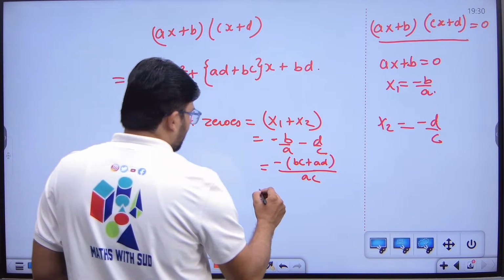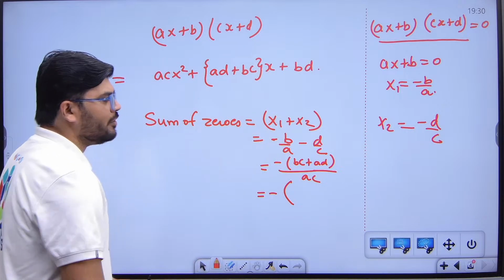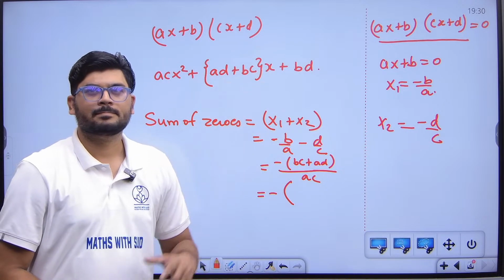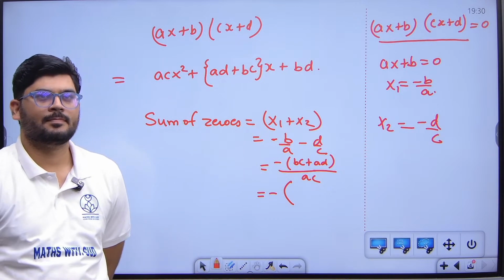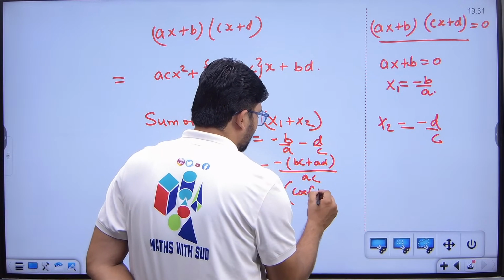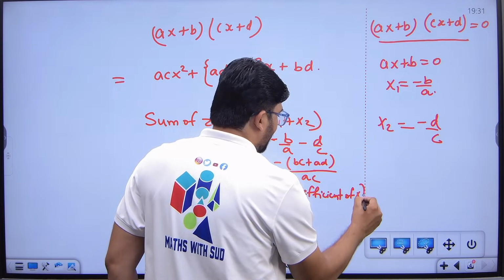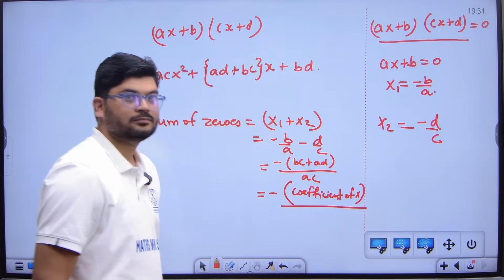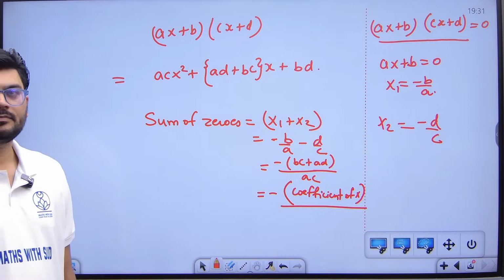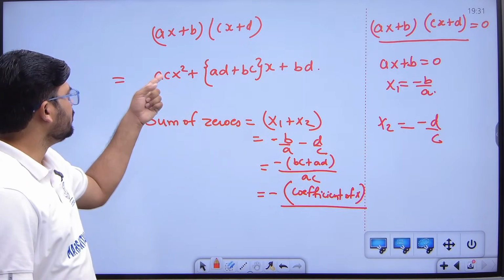Now tell me, is it the same thing which is inside the coefficient of x? Yes. Can I write this as minus coefficient of x divided by the coefficient of x square?